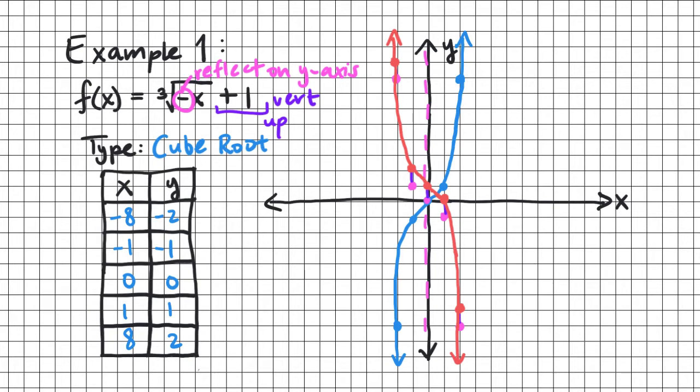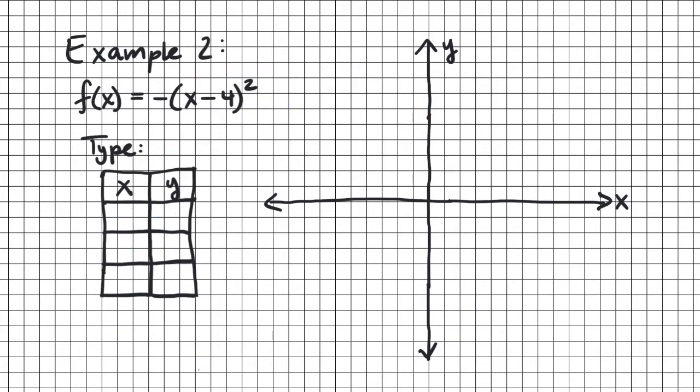Let's go over to example 2. Okay, so the type that we have here, it's squared, or to the power of 2. So we have quadratic. The points are 0, 0, 1, 1, and 2, 4.